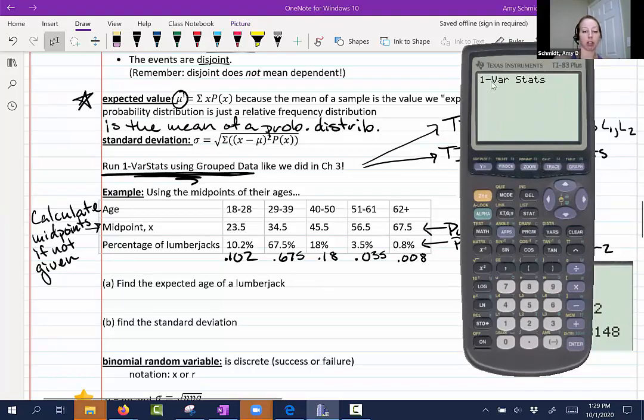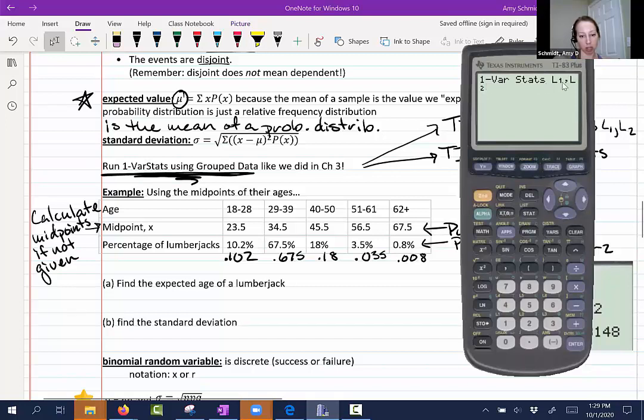Press enter. Now, before you can finish running this, Christiana, you need to make sure to type L1, which is second one. That's how you get L1 to pop up right there. And then the comma button, which is right above the 7. And then L2, which is second 2.